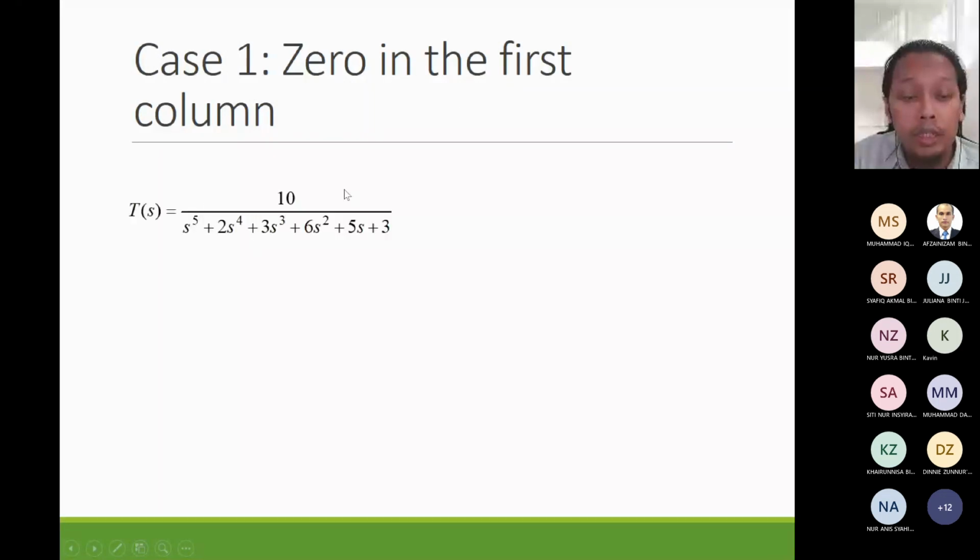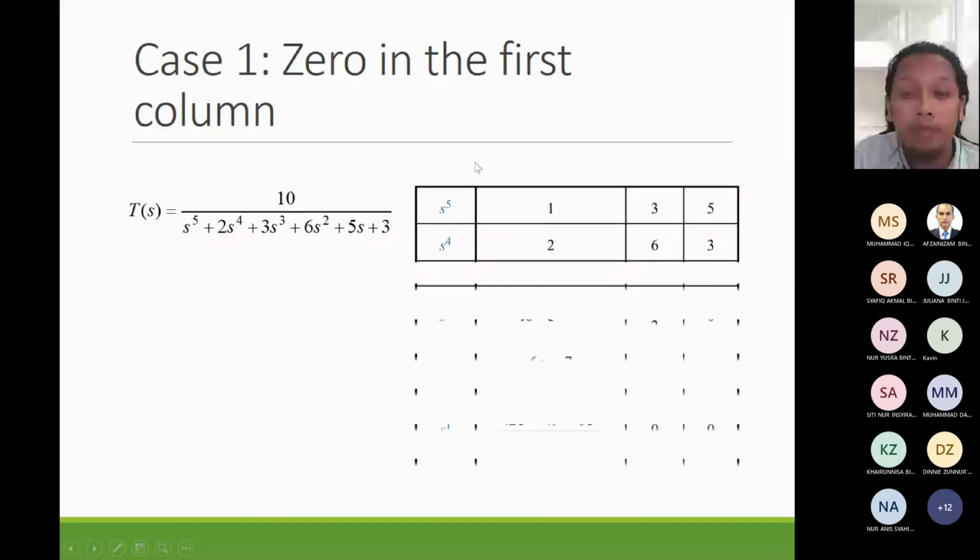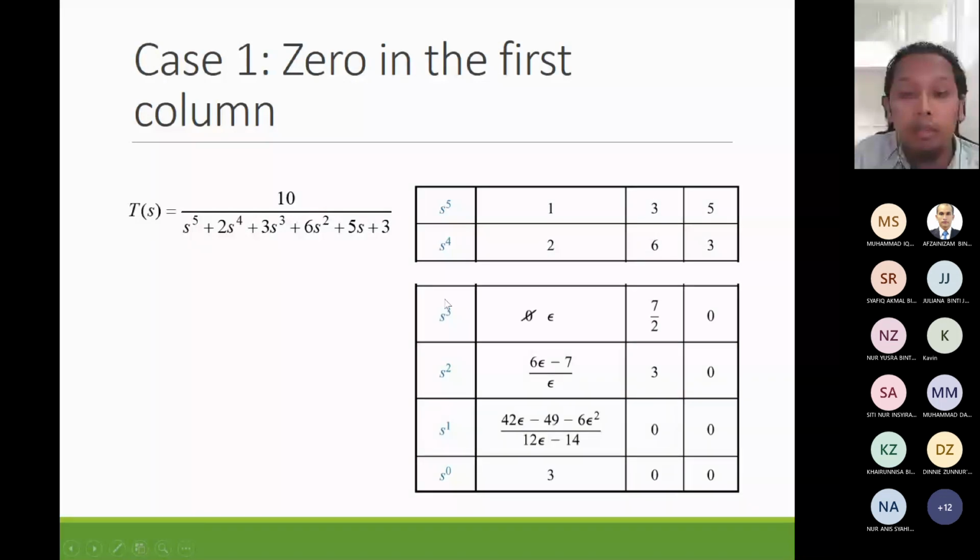Let's say you are given this closed loop transfer function, and then you can generate the table from the denominator. You start with s power 5. The two top rows have the coefficients of the denominator alternatingly. And then you can calculate row S3.